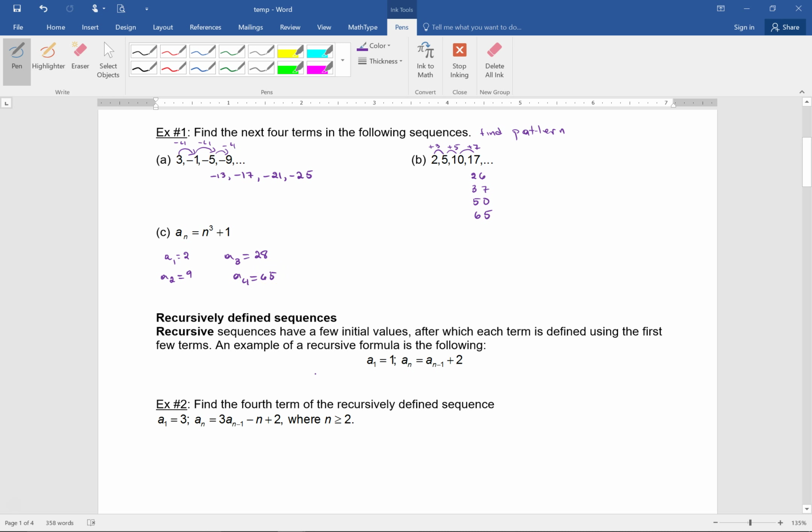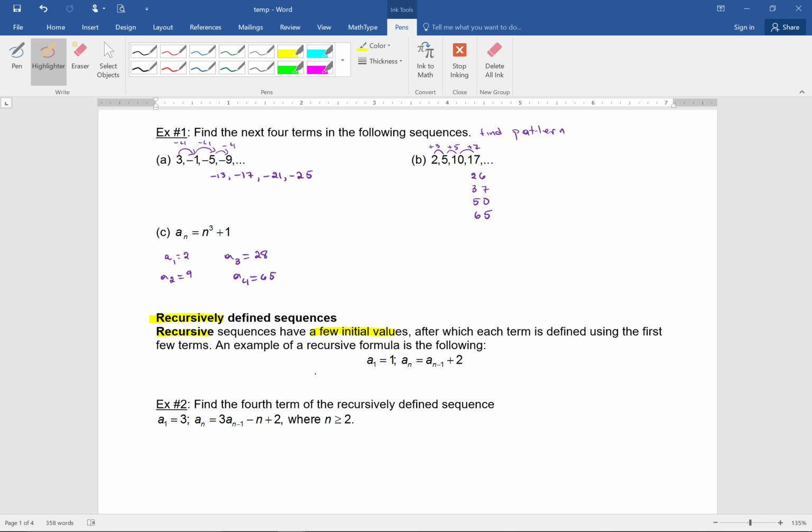Now, a specific type of sequence is a recursively defined sequence. In these types of sequences, you have a few initial values, maybe one initial value or 2 or 3 initial values.